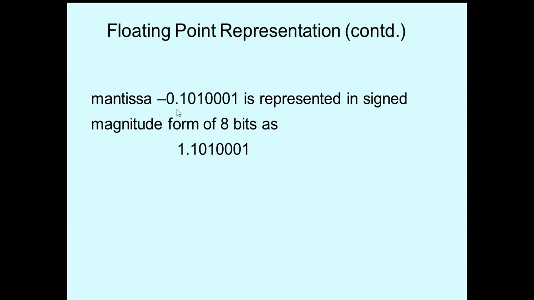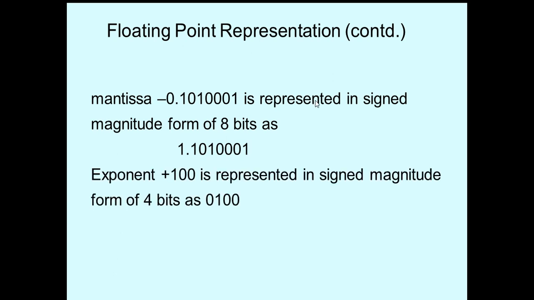So mantissa minus 0.101001 is represented in signed magnitude form of 8 bits like this, 1.101001, and exponent plus 100 is represented in signed magnitude form of 4 bits as 0100.